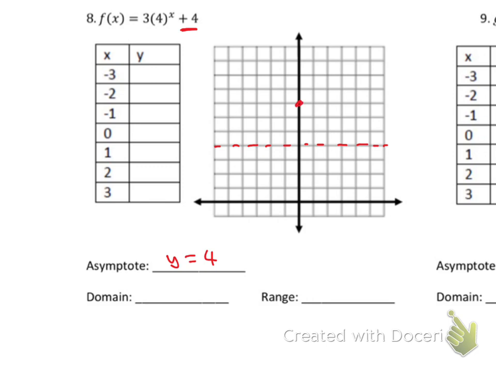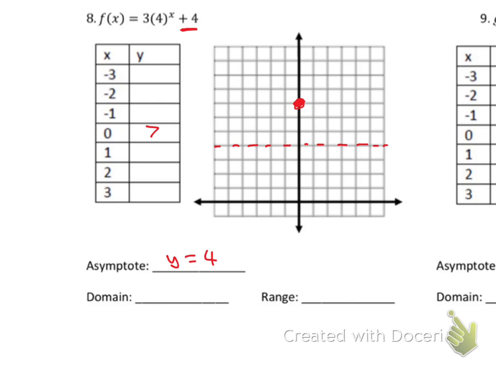So I know my anchor point's going to be at 0, 7. If we plug that in, you could work in the table, and you would get 7 there. It's going to be a vertical stretch, and it's going to increase by 4 each time. If you plugged in 1, I know that because B is 4, so that y value is going to increase by 4 each time.